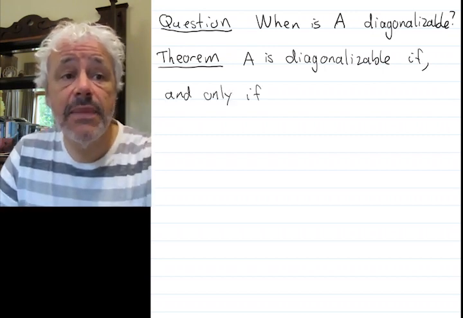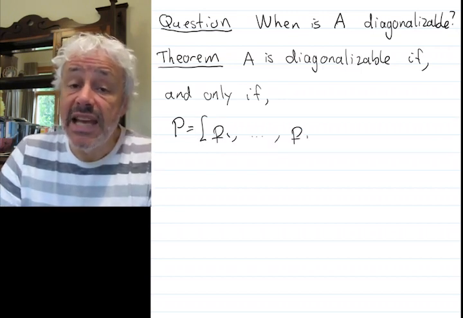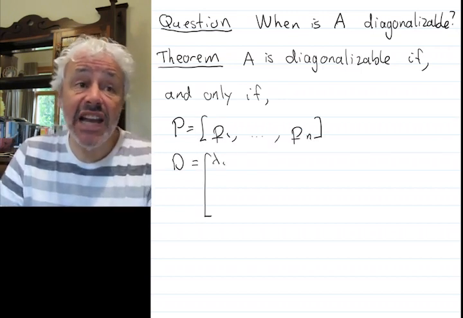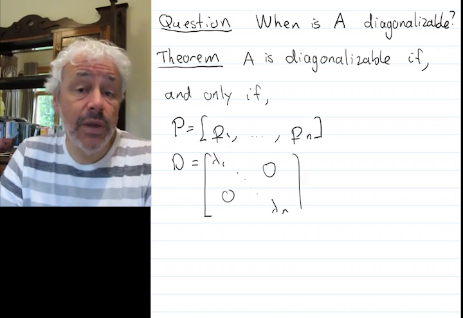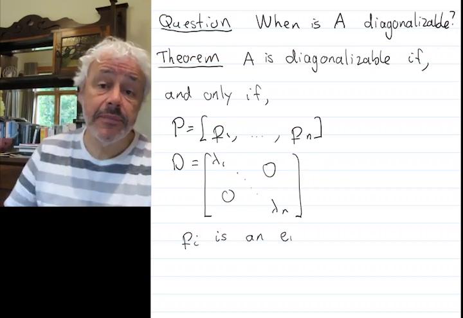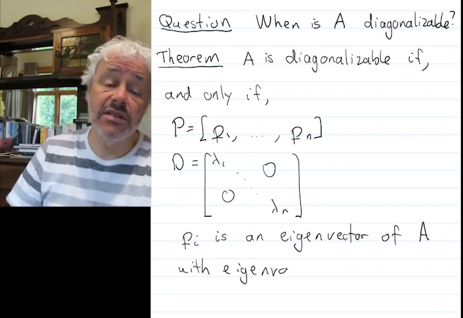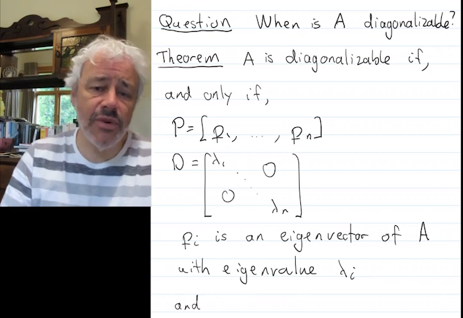The theorem says that a matrix A is diagonalizable if and only if it has n linearly independent eigenvectors. I'll call them P1 up to Pn, and they must form the columns of the matrix P. And the diagonal matrix D must contain the eigenvalues on the diagonal in the same order as the eigenvectors.